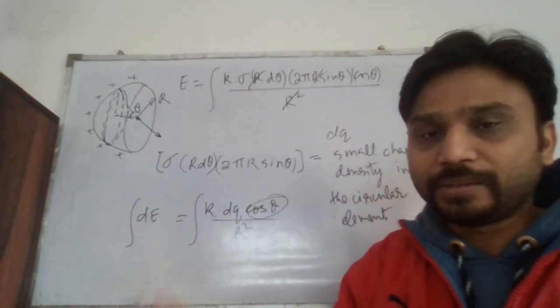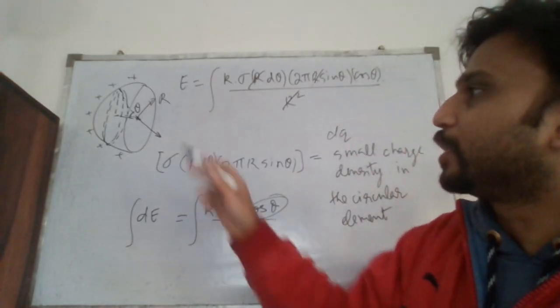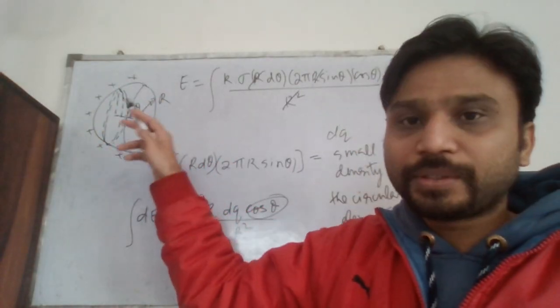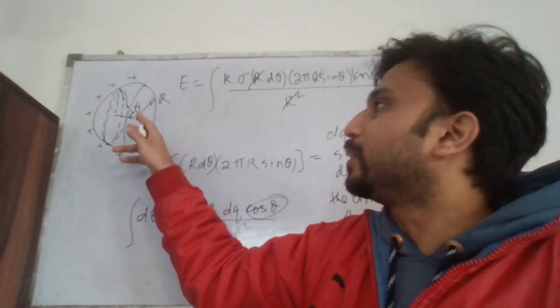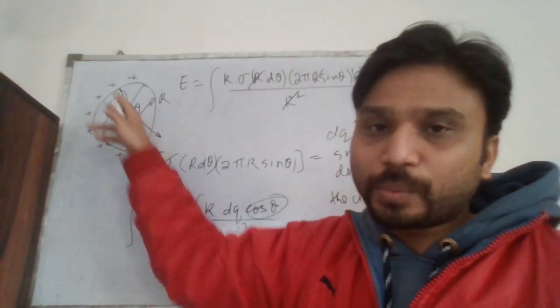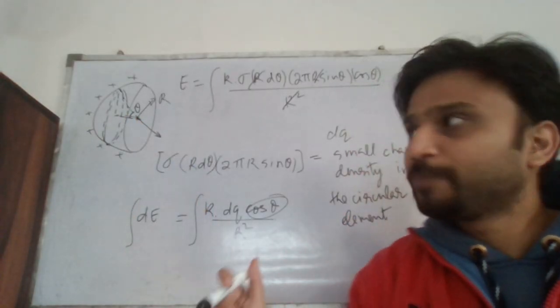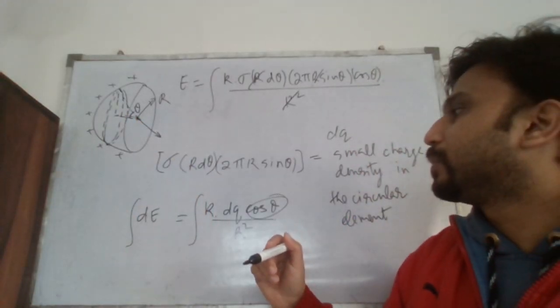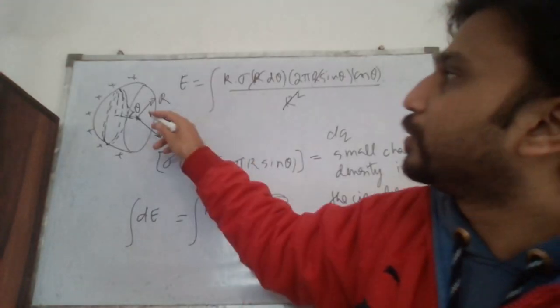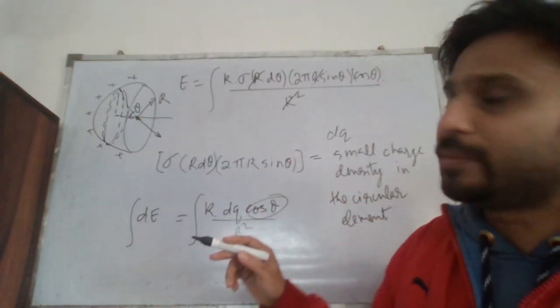If I were to take the force due to a charge on this whole ring, that force would be going radially outwards or radially inwards if I were to imagine a single charge. So we have to take that element basically.